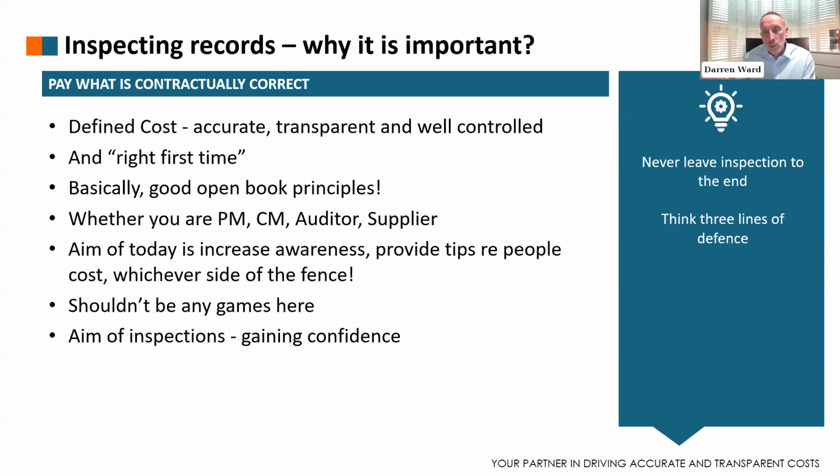Line two is when the AFP lands, the project manager or their cost manager goes through a valid inspection period, requesting records and accounts as required to build confidence in those assessments. And the third line of defence would be an independent party, either a company like ourselves, or potentially internal audit.